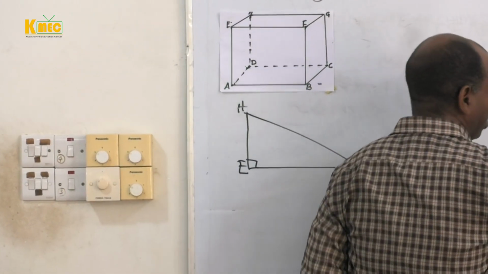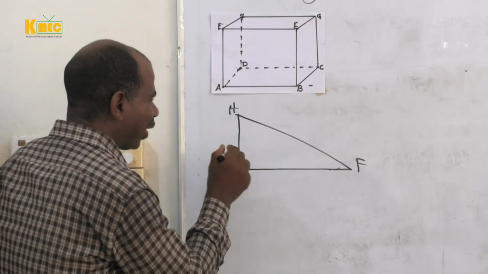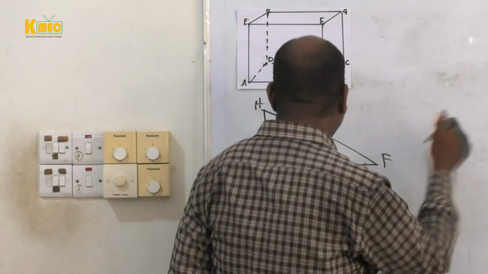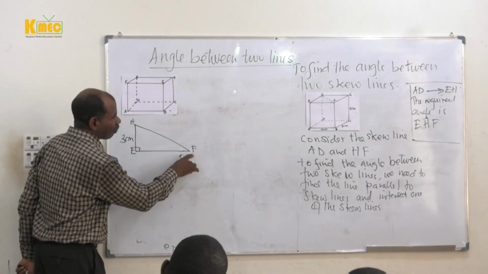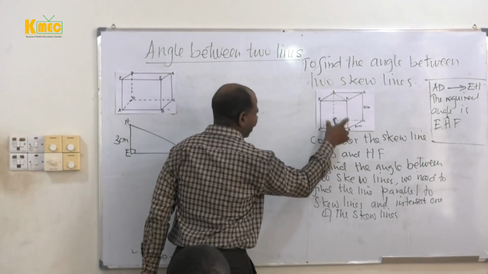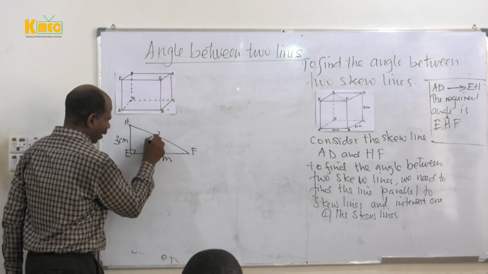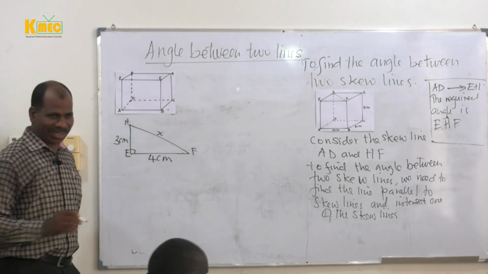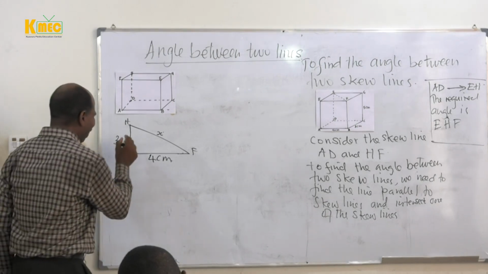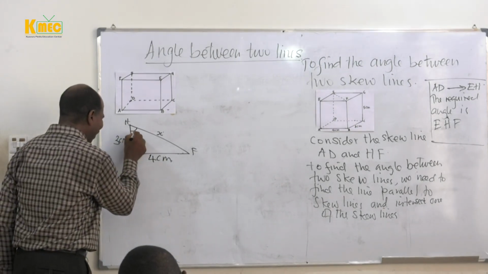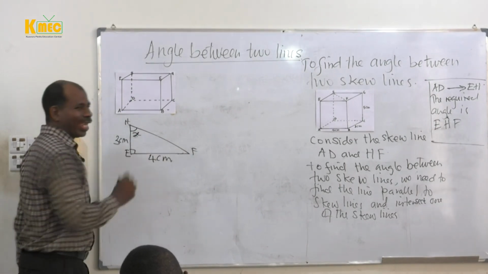Remember that this is the same as this. How many centimeters? 3 centimeters. Good. And the length EF is the same as what? 4 centimeters. We don't have this line X, but today is not to find the line X. We need to find the angle, so we can put our X here to represent the angle X.